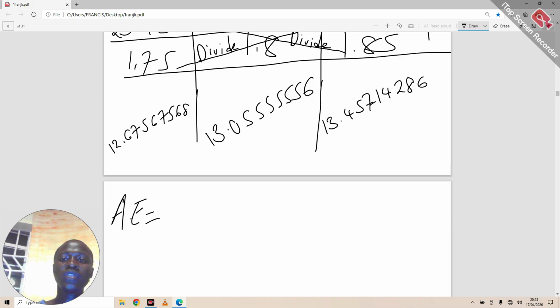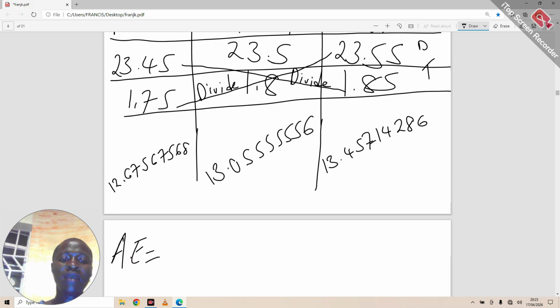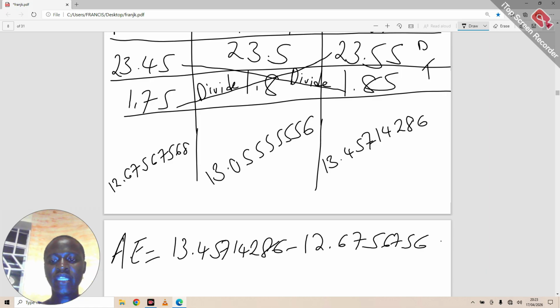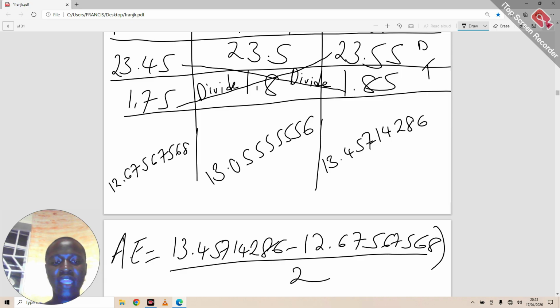The absolute error is given by taking the maximum value 13.45714286 minus the minimum value 12.67567568, divide by 2.